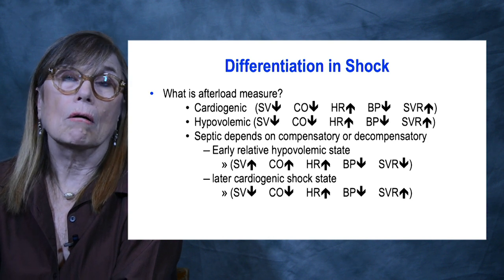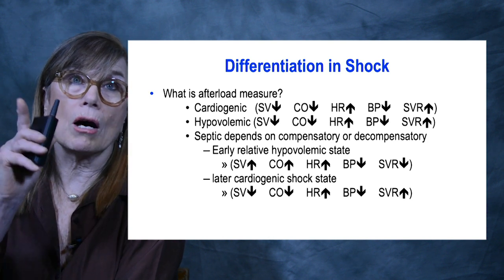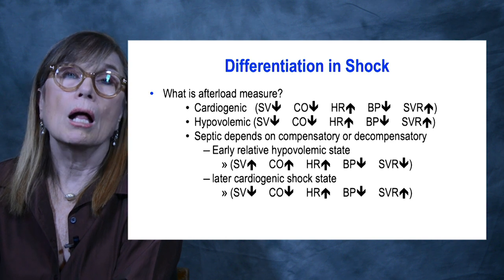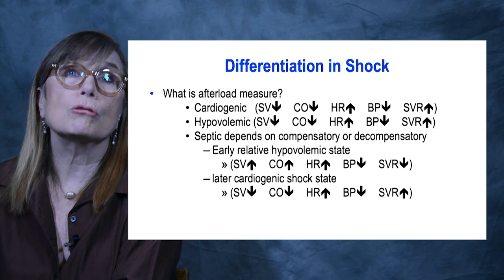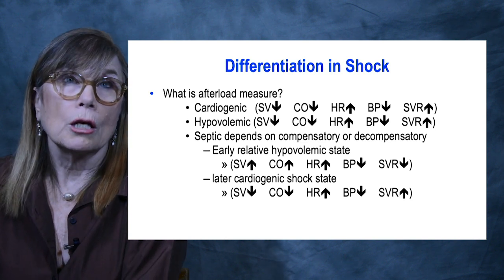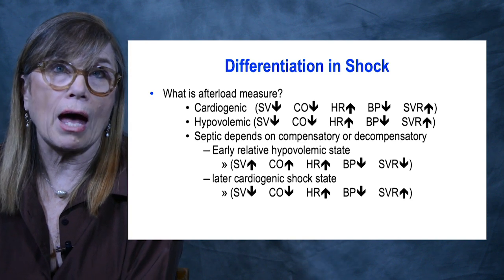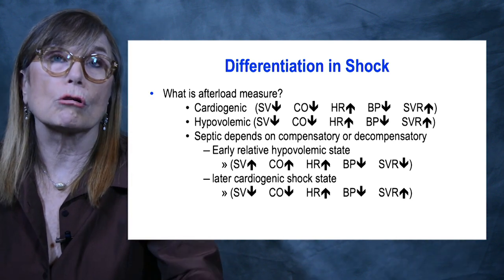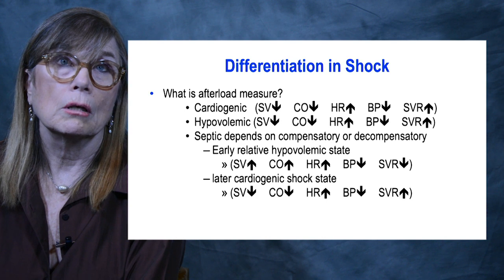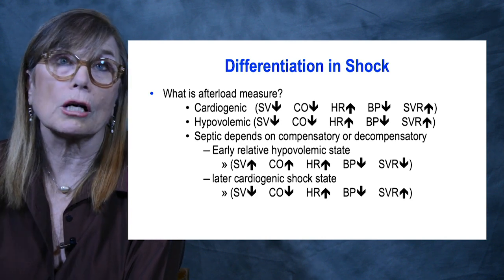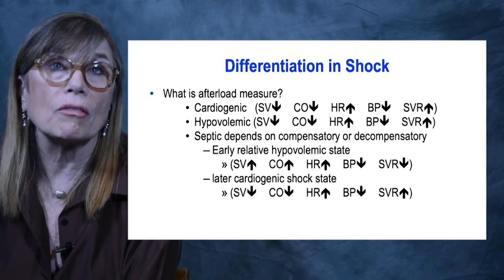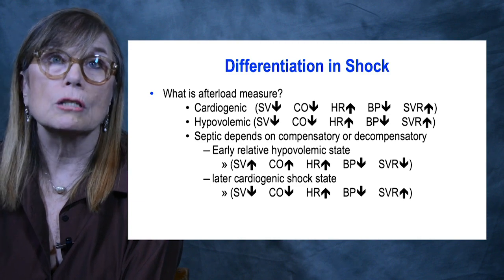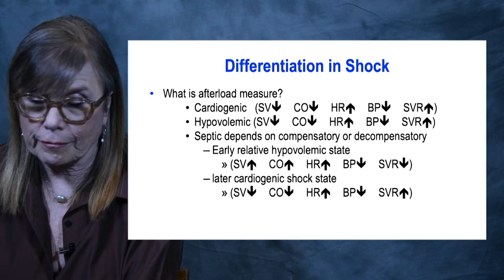It's that early in sepsis, you have a high stroke volume and cardiac output. Late in sepsis, you have a low stroke volume and cardiac output. You do really well to pay attention to that because as your patient's stroke volume starts to decrease, their SVR calculation starts to go up. And the number one thing we can do in this state is to provide cardiac support.